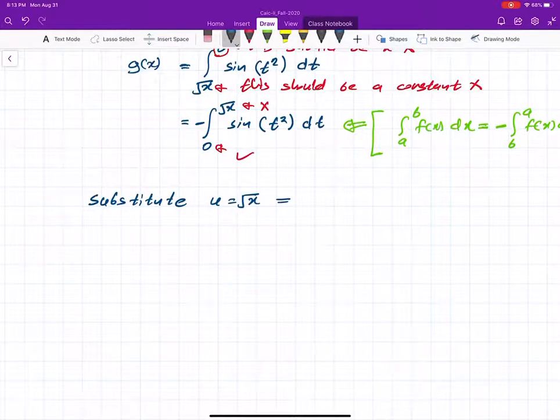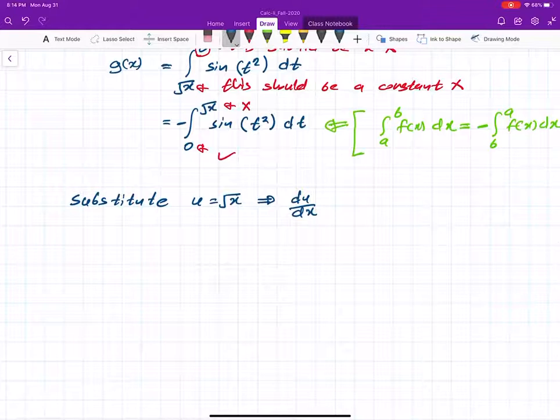Since you're going to introduce a new variable, you have to change most of the variables in this problem. So u will be square root of x, and then you have to change this variable a few more times. First of all, let's get the derivative of u with respect to x. I will explain why I do this, because I need that later. Okay, get the derivative of that.